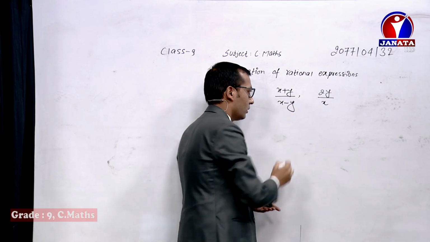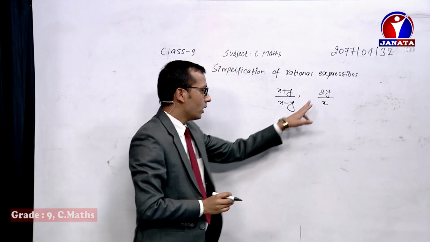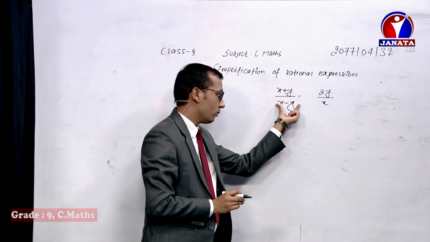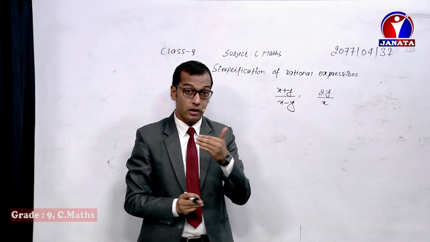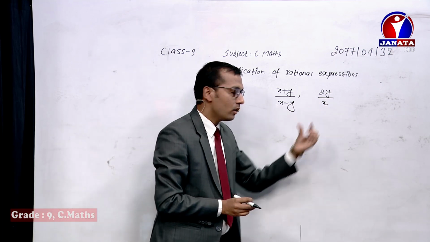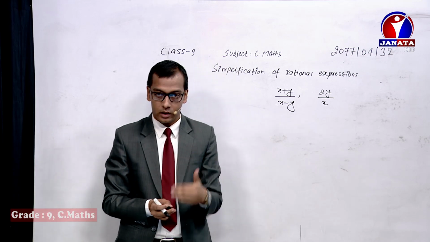We can take lots of examples of rational expressions. So x plus y over x minus y, where x minus y should not be 0. Similarly, in the next example, 2y over x, x cannot be 0.